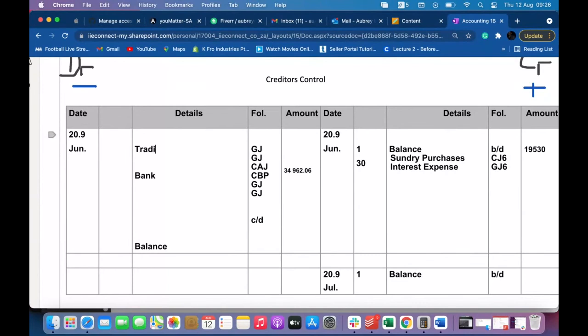And there we can just say trading inventory plus that. There we go. Awesome stuff.